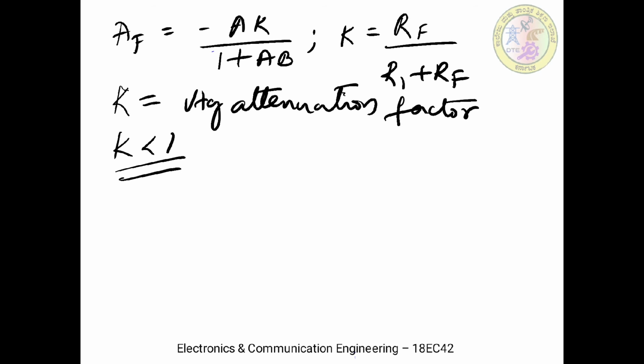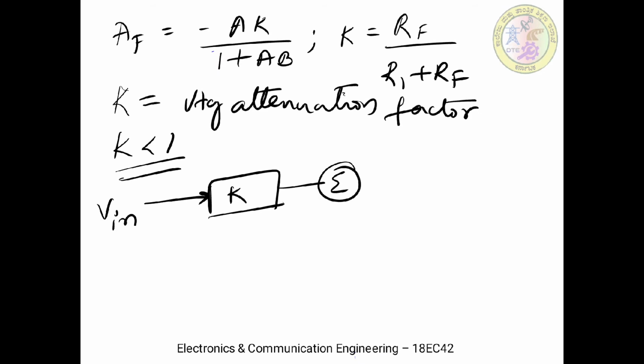Therefore if we write the loop diagram for this inverting amplifier, the output is not only inverted, but at the same time we have a block K, voltage attenuation, and then the remaining amplification blocks with feedback.